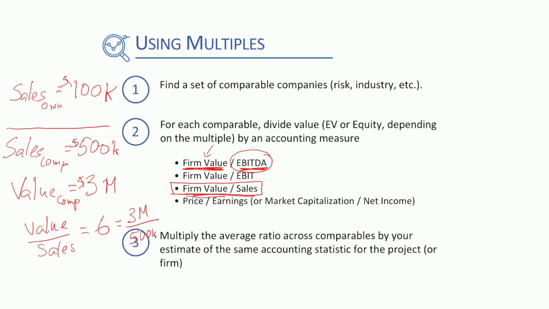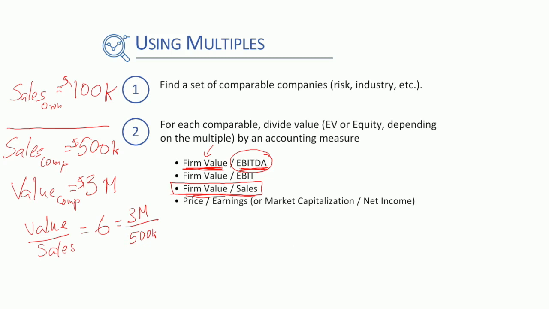All I have to do is multiply the ratio that I obtained by my own accounting value. So my own value is going to be $100,000 of sales that I produce times 6. So the best measure that I have for how much my own firm is worth is $600,000.